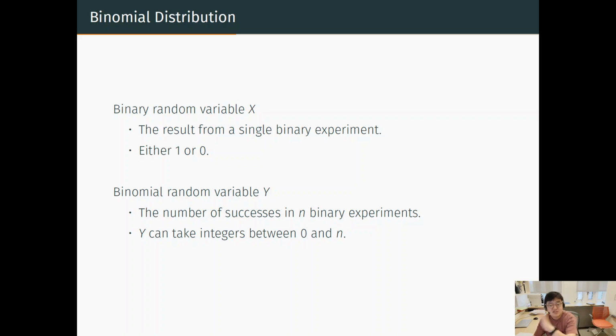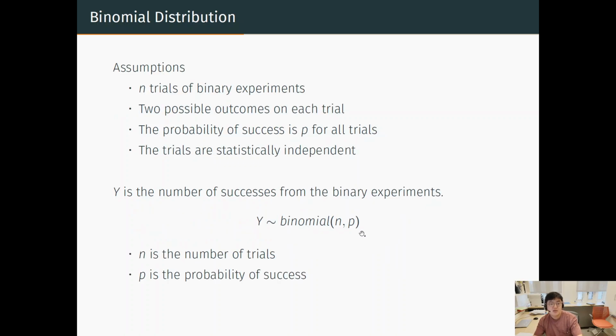And at the other extreme, you are going to get 100 heads, right? So the number of heads you can get is from 0 to 100.